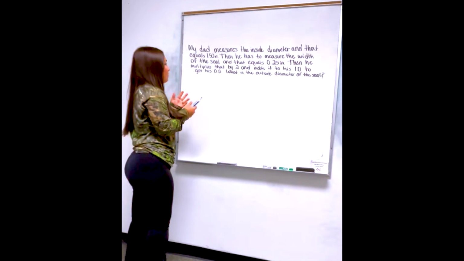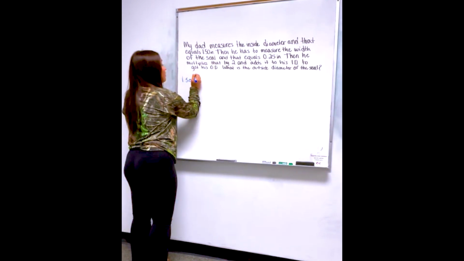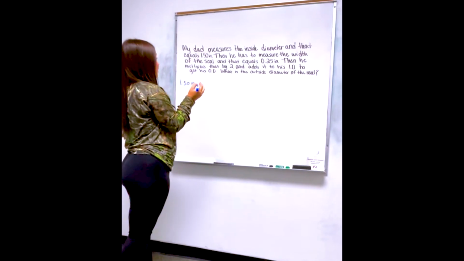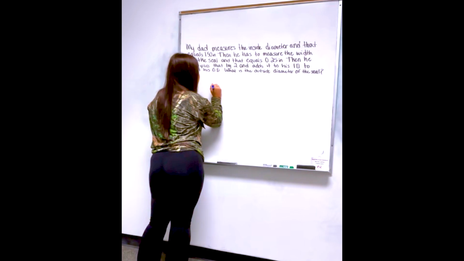So you start off with just leaving 1.50 in the corner, and then he takes the 0.25 and multiplies that by 2.